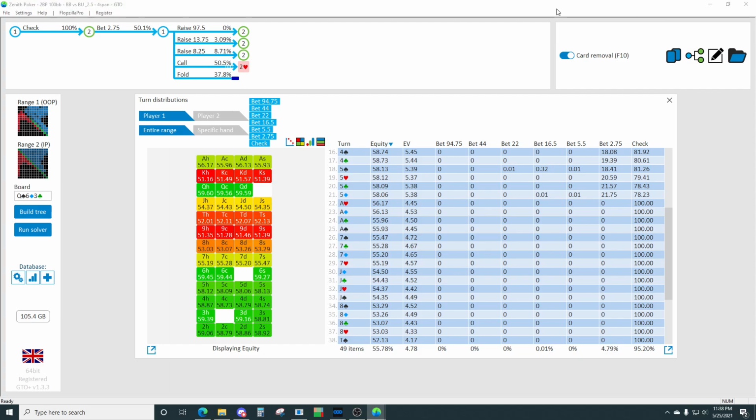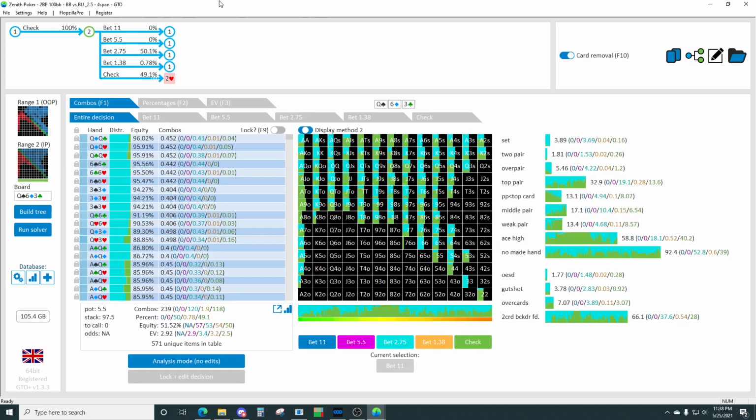And on runouts that are significantly better for one player than the other, specifically where one player has a significant equity advantage, there's going to be a lot of bluffing going on with their air, right?